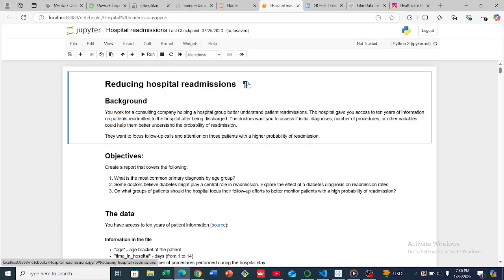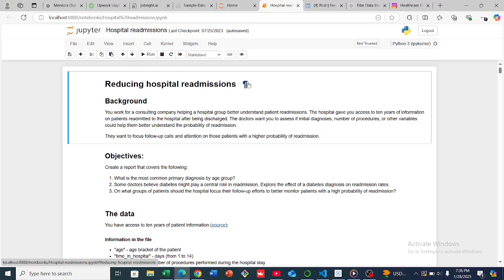The doctors want us to assess if initial diagnosis, number of procedures, or other variables could help them better understand the probability of readmission for a patient. They want to focus follow-up calls and attention on patients with a higher probability of readmission. So that's the background for the project we'll be looking at today.